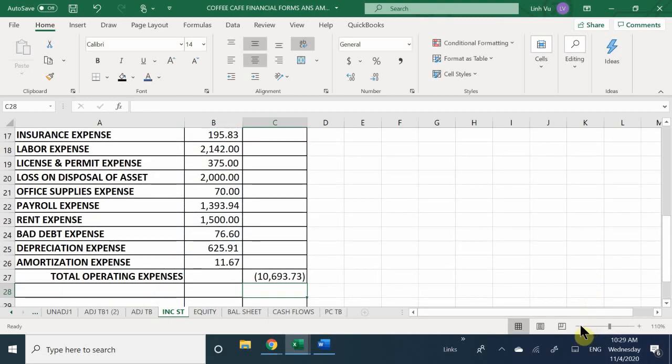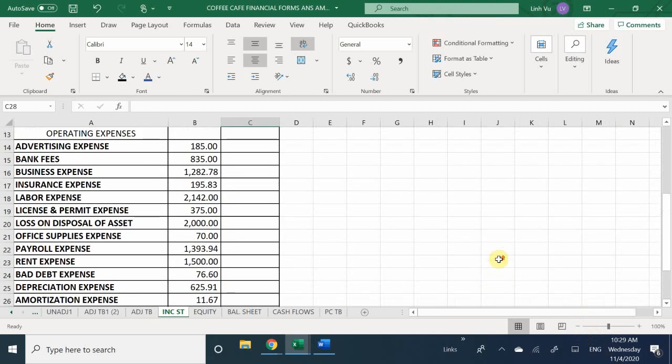Okay, let me zoom that out for you guys so you can calculate that. So what's my total operating expenses?